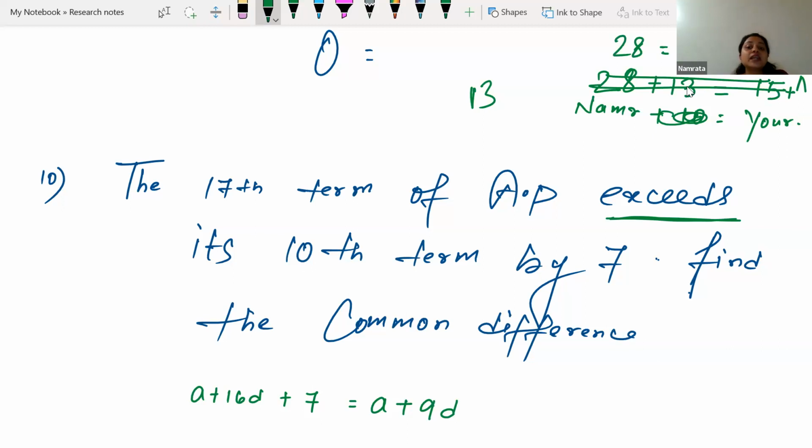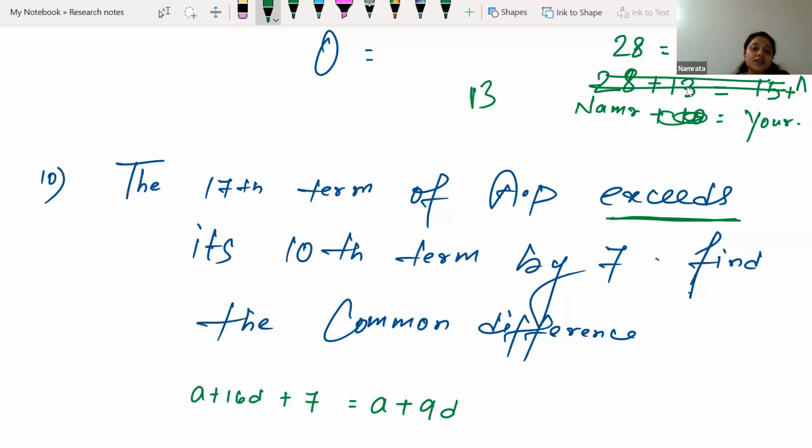If I am saying my age exceeds your age by 13 years, that means whoever is smaller, you will be adding to that portion. That way only it will be equal to the bigger value, right?